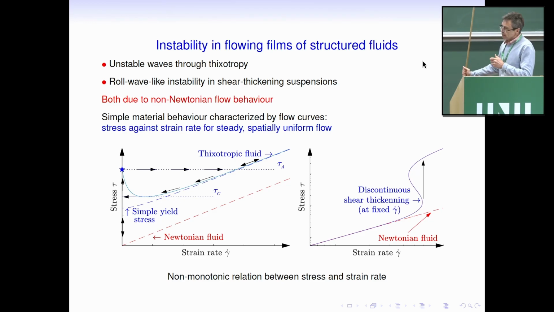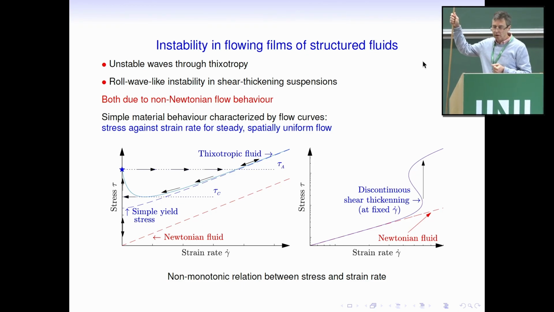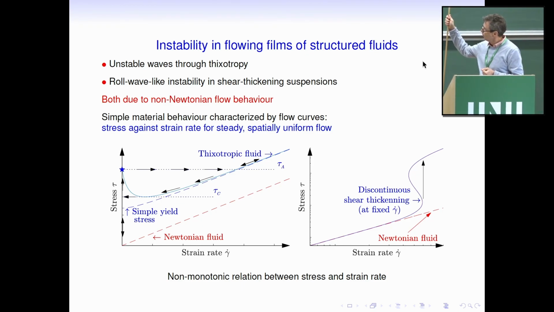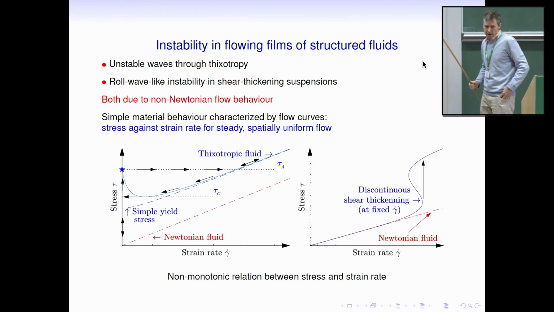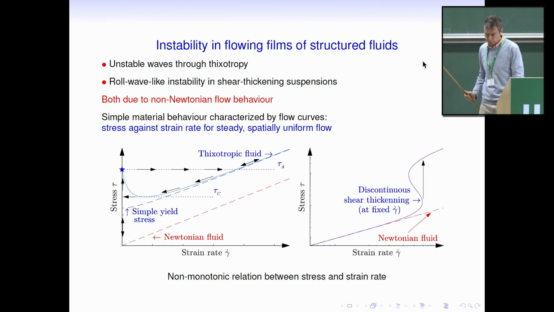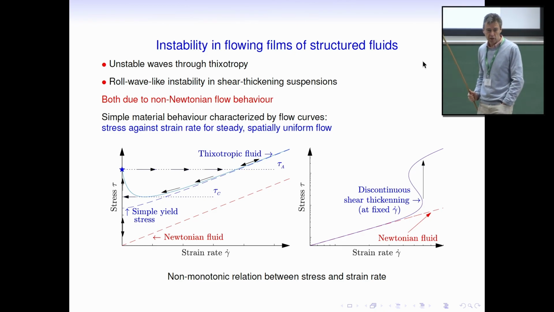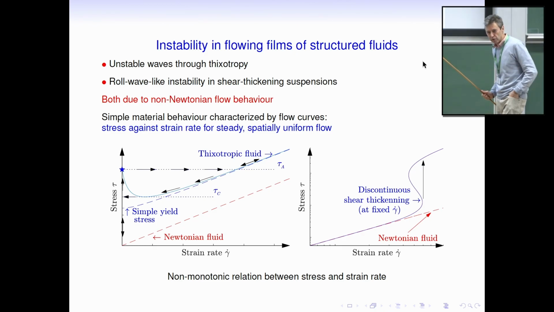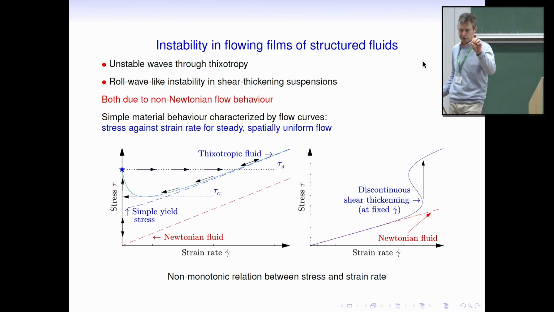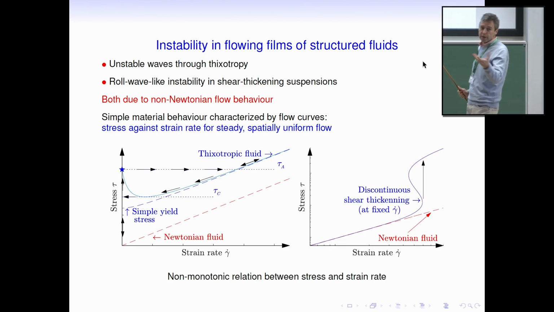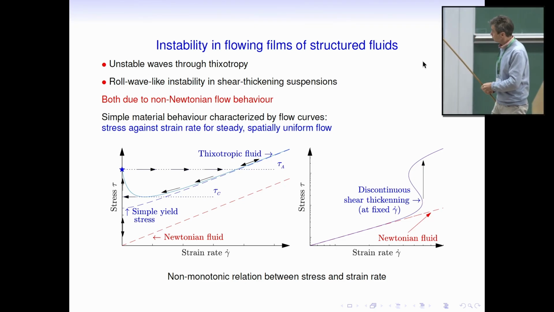So, those are a gallery of analogues. So what I wanted to do in my remaining time is to talk about a slightly different phenomenon. So I'm actually interested in a case where I have non-Newtonian fluid, but I don't really care about inertia. One of the important things about the roll wave phenomenon is that you need those two equations. You need the momentum equation with its inertial terms.